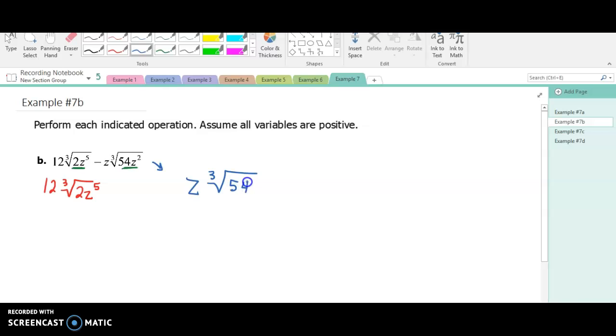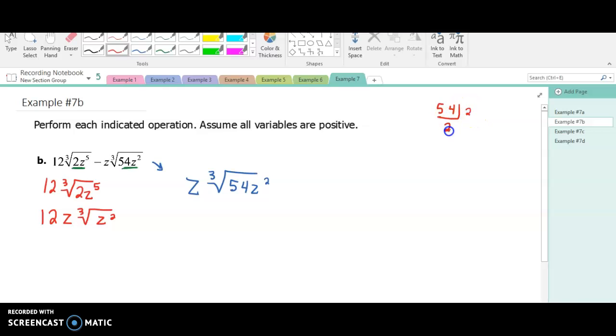of 54z squared. Okay, so this reduces to 12z cubed root of z squared. Okay, so cubed root of 2 can't reduce, but cubed root of z to the 5th can. Okay, this one here, let's break down 54 over here.